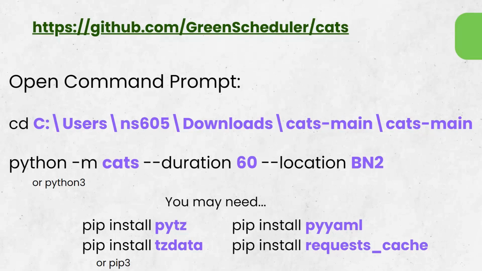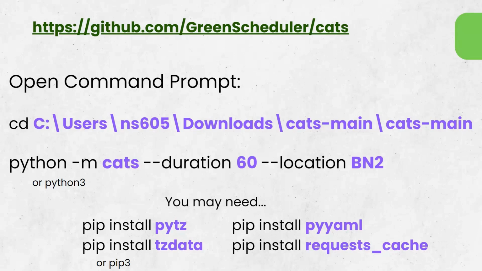The basic process here is opening the command prompt on your computer, changing the working directory into the folder that you just downloaded, where all these files are located, and then running this command: python cats, then the duration of your job in minutes, and the location of the computing, in this case, BN2. If you haven't downloaded these packages before, it may say that you're missing various tools.